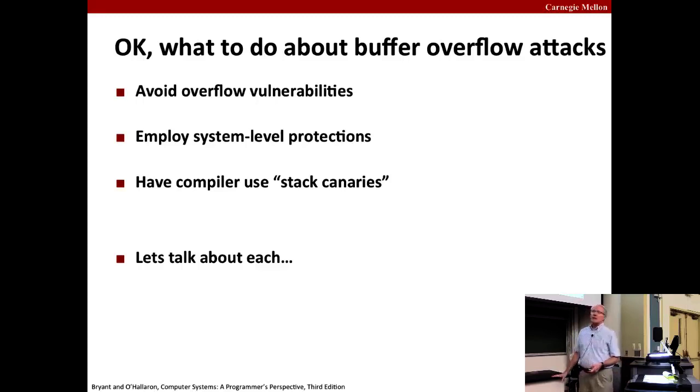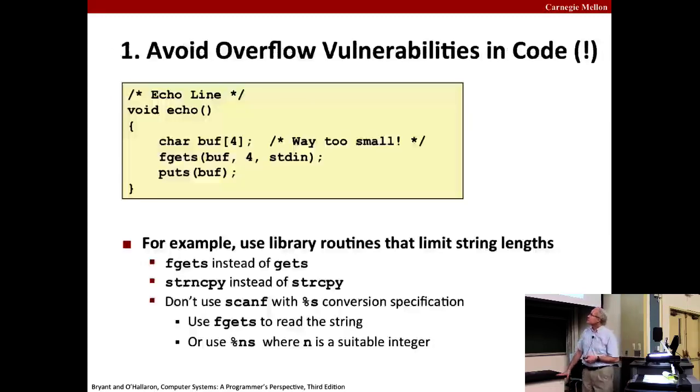So let's look at techniques that machines can use to make themselves less vulnerable to these attacks. Well, first of all, you, the application or the writer on the server side, can write code that's more secure. So for example, what you're supposed to do instead of gets is use a function called fgets.